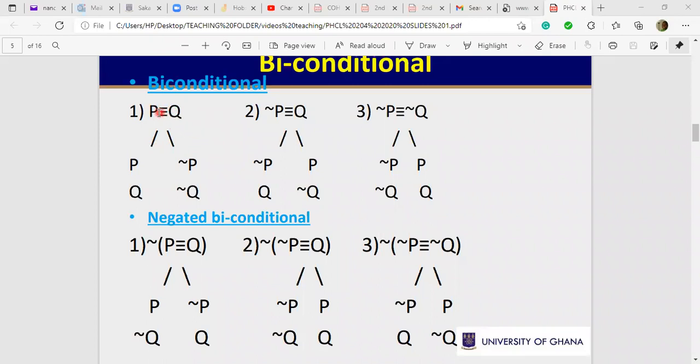So whatever was given to you for your P, put it there and introduce the English expression that captures the biconditional, and then replace Q with whatever was given to you. That's all. That's what we call translation. If you do that, you would get: today is Friday, if and only if it's a holiday. Assignment.